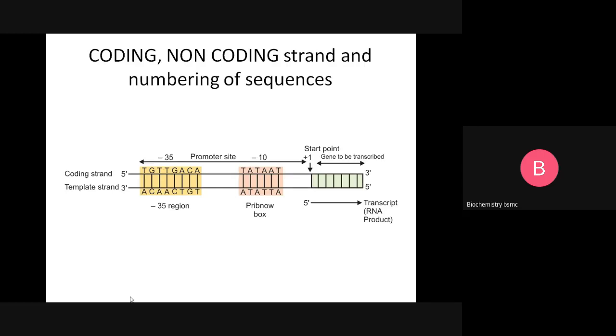And now let us consider some of the important factors. We also had some discussion on what is called the coding strand, what is the template strand, and why the template strand has complementary sequences with the newly formed transcript.